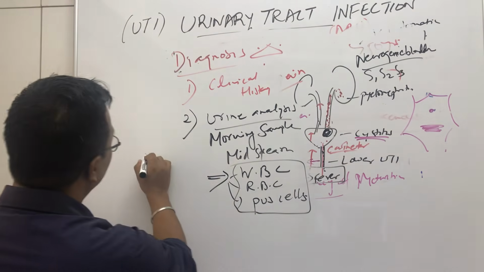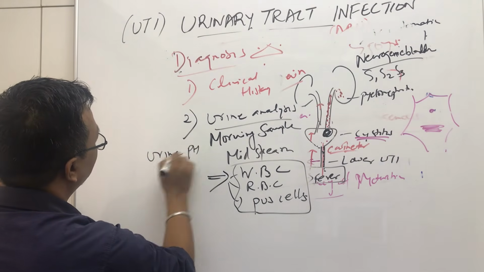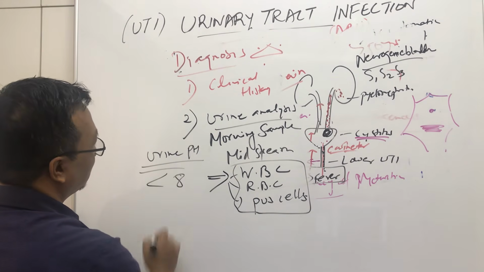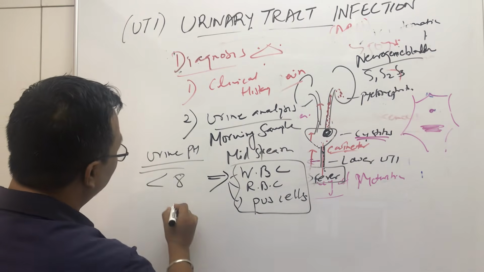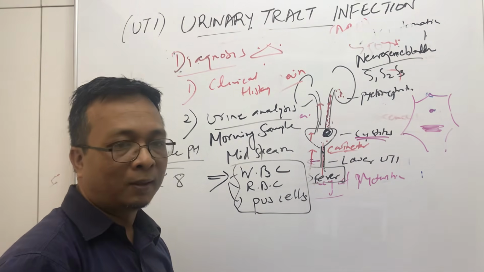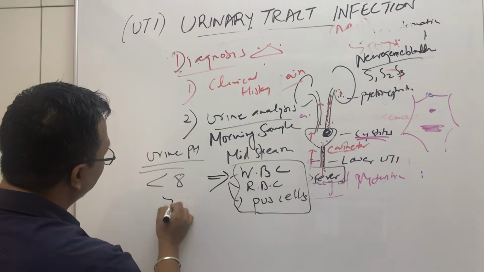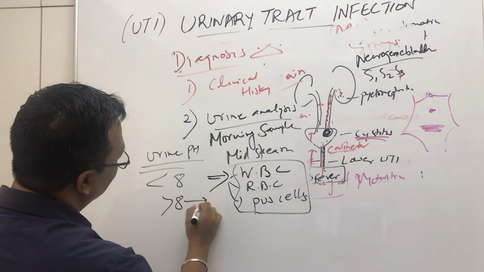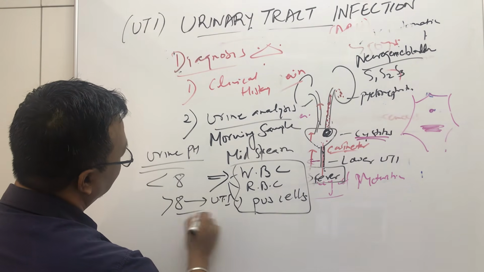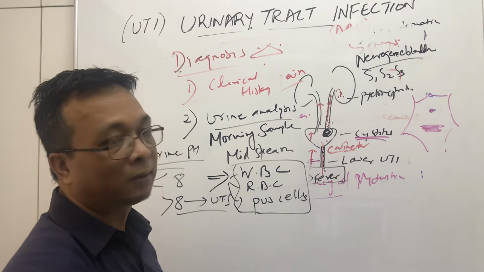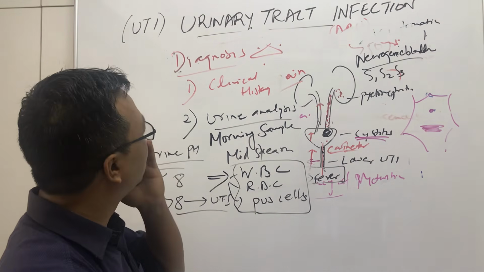Plus, you can also measure the urine pH. Normal urine pH should be less than 8, because urine should be acidic. But when the pH is increasing, going above 8, it is signifying UTI. Okay, that is also a significant diagnostic point for UTI.